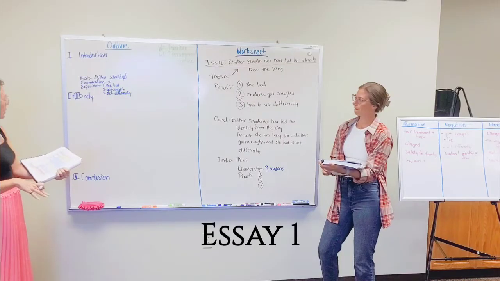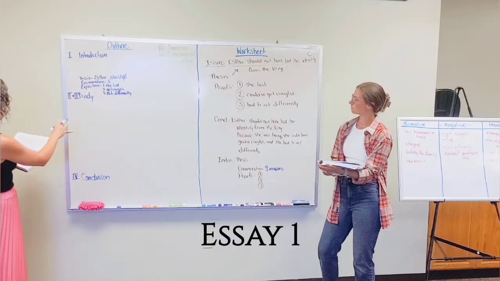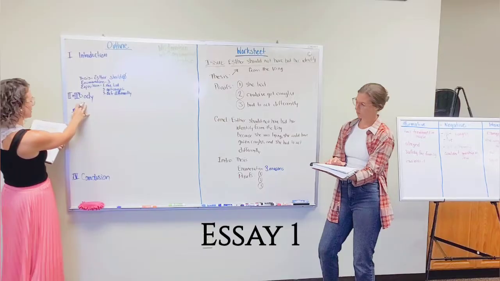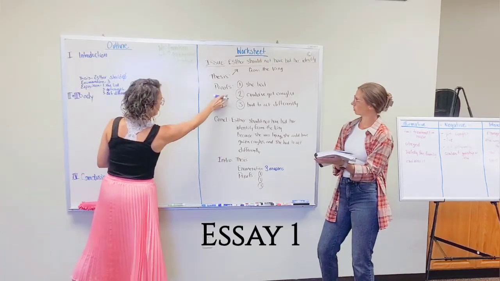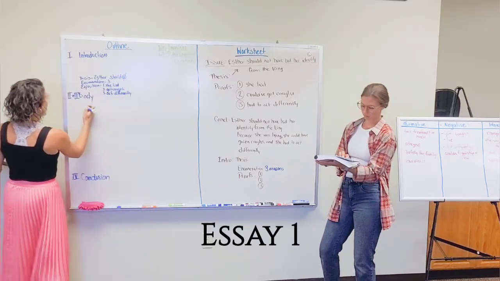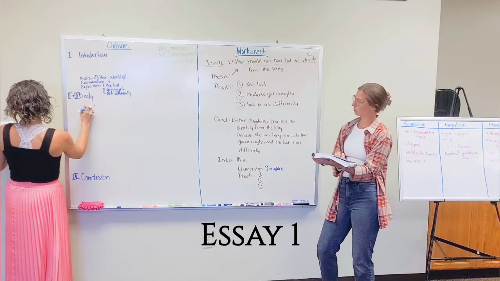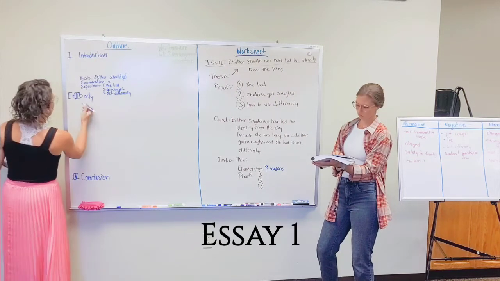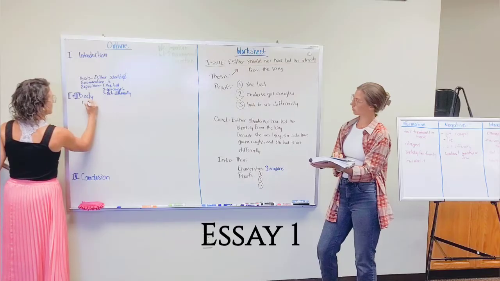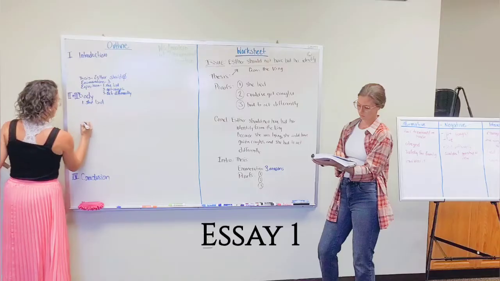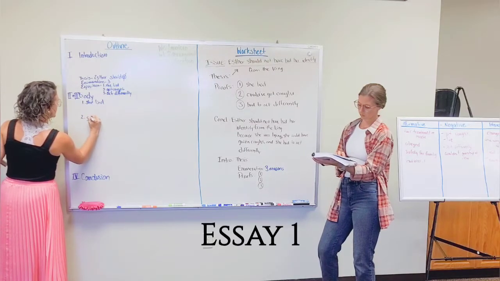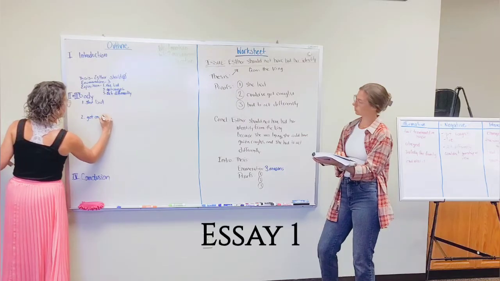Yeah. Okay, and then we're going to go into our body and we're going to do our 3 proofs. So that's going to be back over here. 1, 2, 3. Okay, so number 1, we're just going to copy this down again. She lied. Number 2 is what if she got caught?